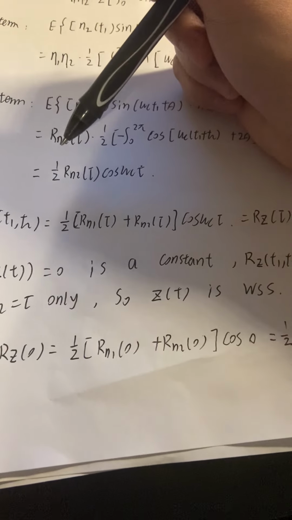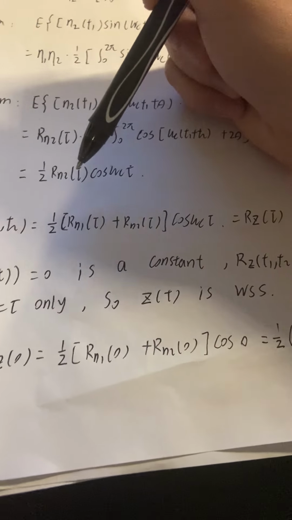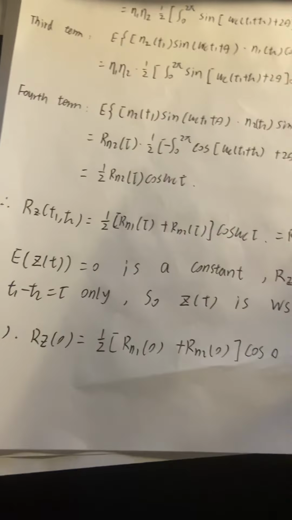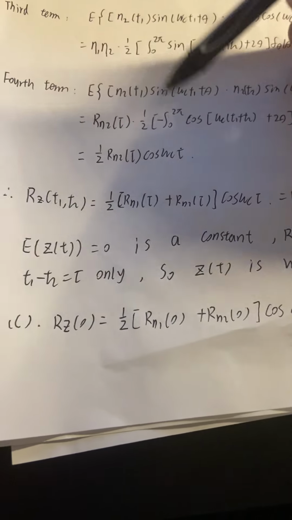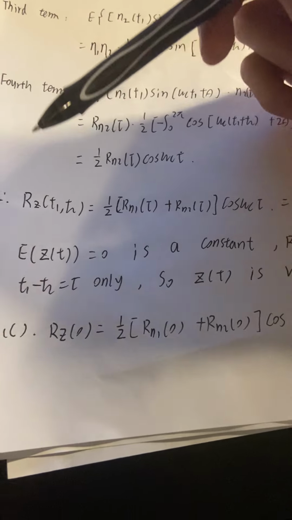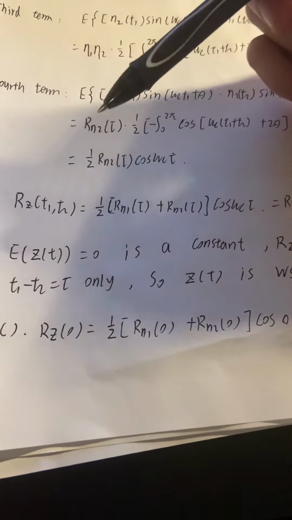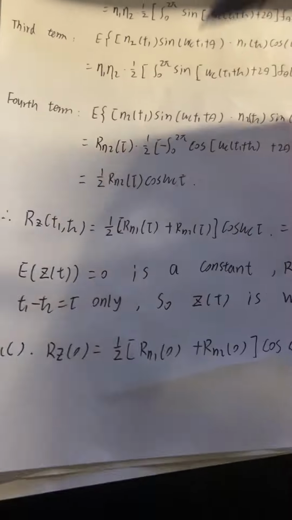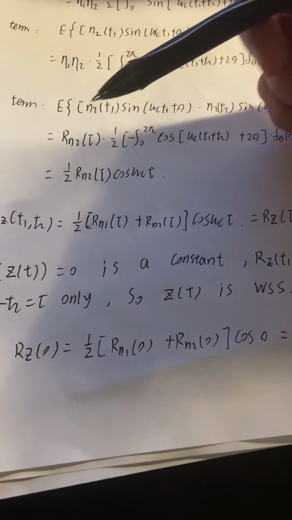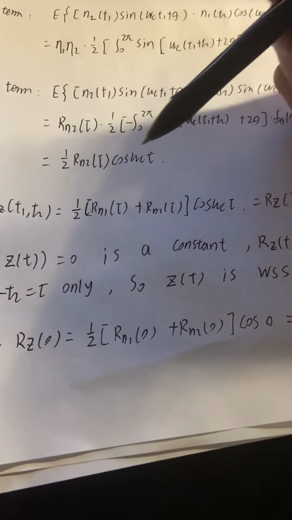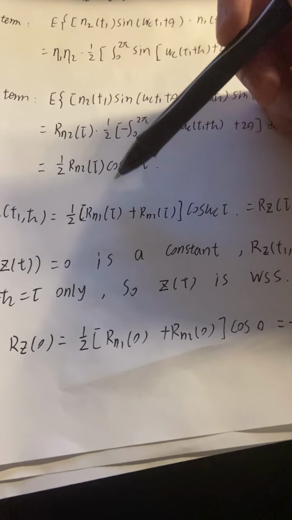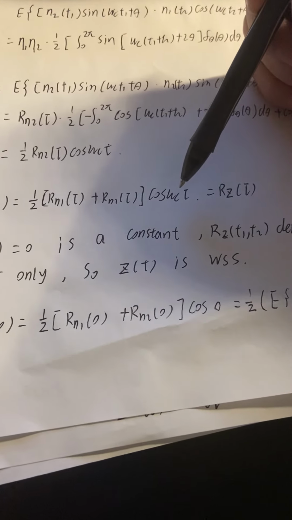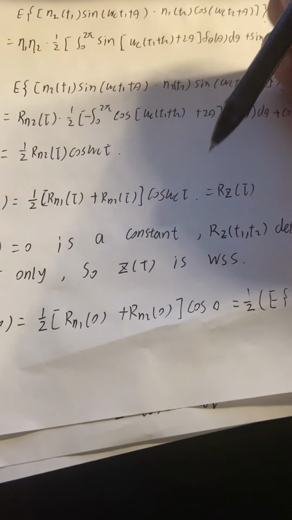So the final result is 1/2 R_N2(tau) times cosine(omega_c tau). Finally, the autocorrelation R_Z(t1, t2) is equal to the sum of these four terms, which is 1/2 times (R_N1(tau) plus R_N2(tau)) times cosine(omega_c tau).